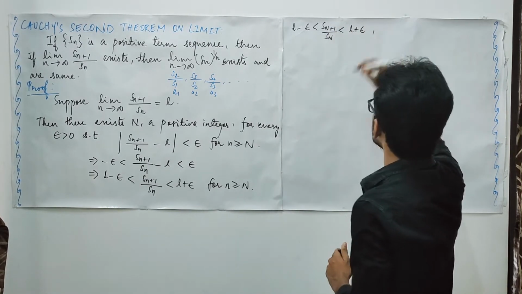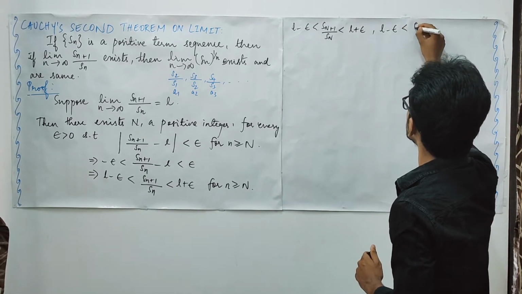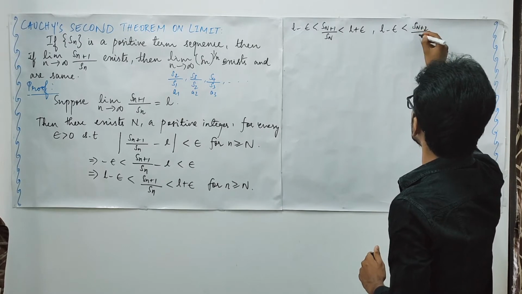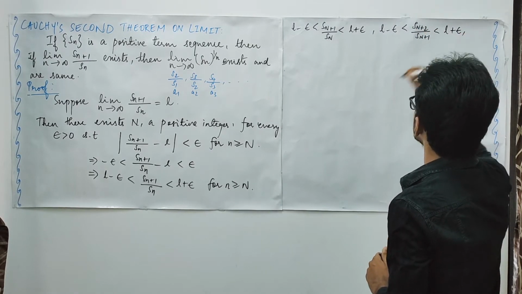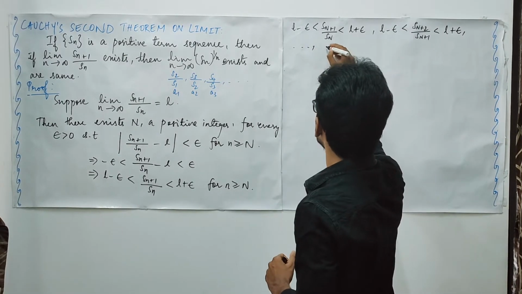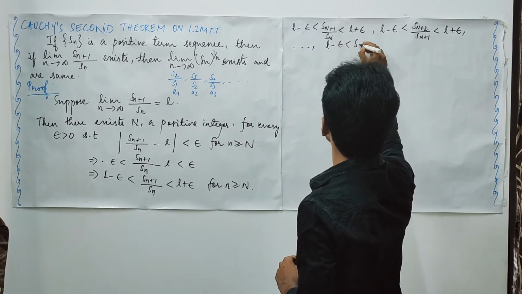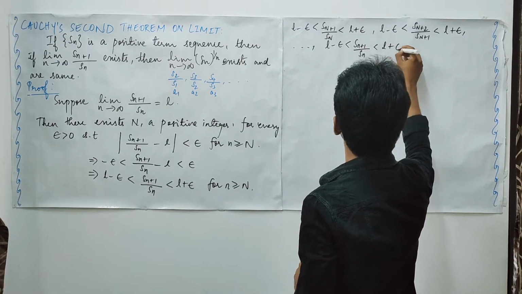So next, what am I going to get? I am going to get L minus epsilon less than S_{N+2} upon S_{N+1} less than L plus epsilon. It goes on to some stage, I don't know what that stage is, so I am writing that as simply S_n.